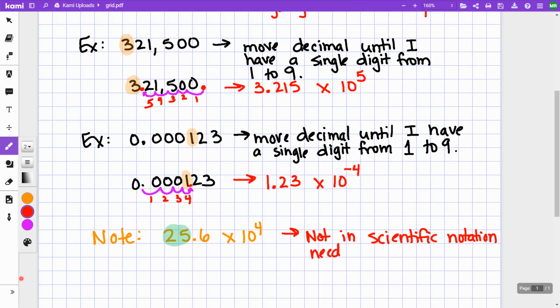Need a single digit, not a double digit, in front of the decimal.